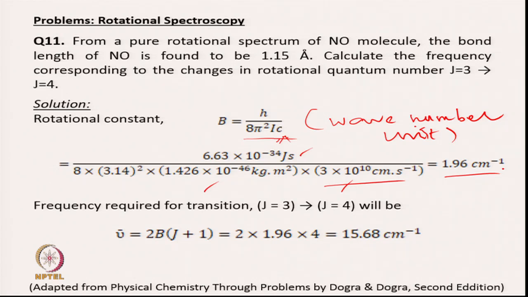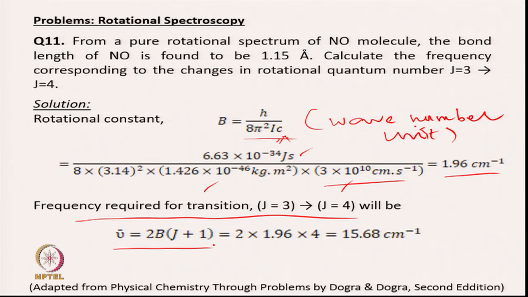And now we can calculate the frequency required for the transition from j is equal to 3 to j is equal to 4. Again, keep in mind, sometimes you write nu bar as 2 B j, and in some books you will find it is 2 B (j plus 1).